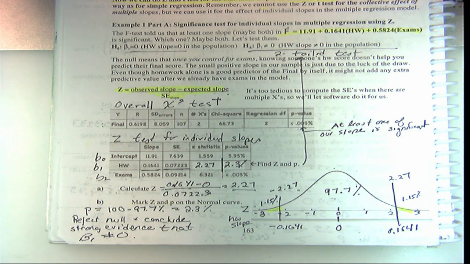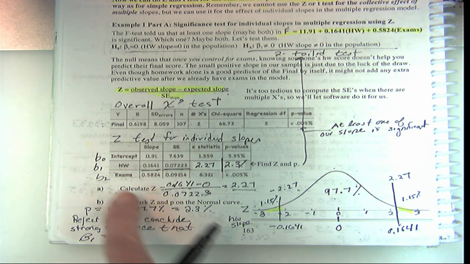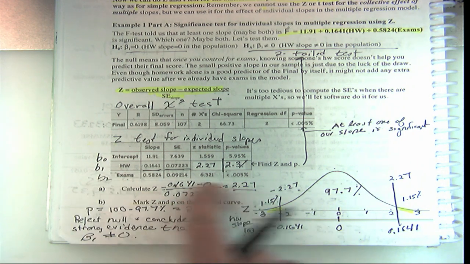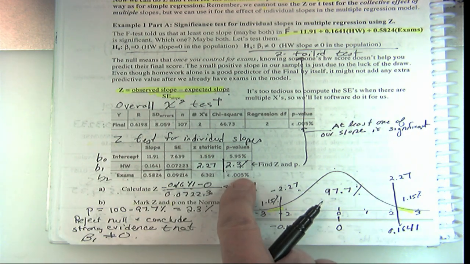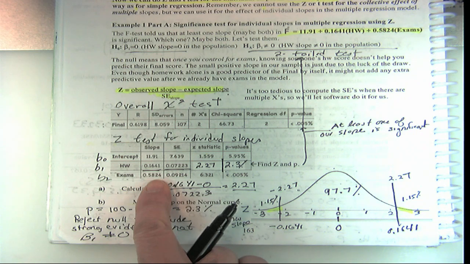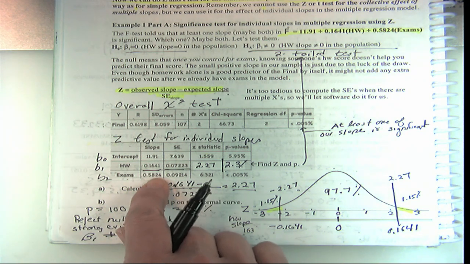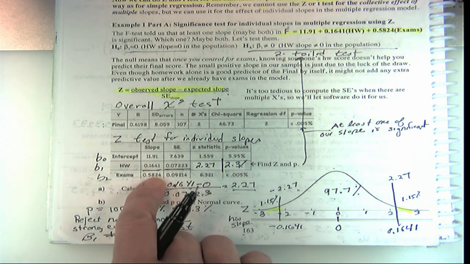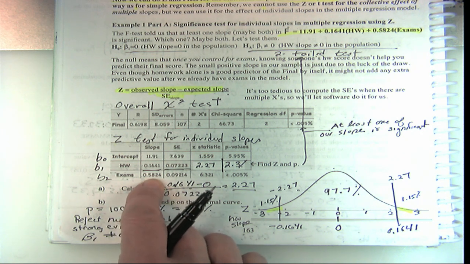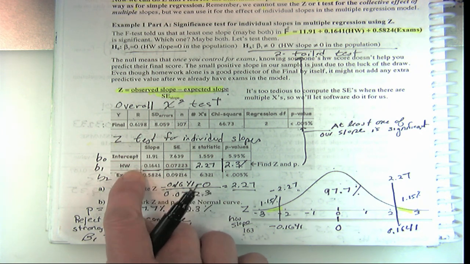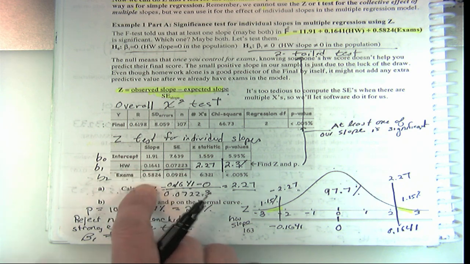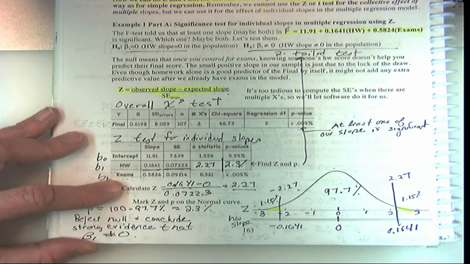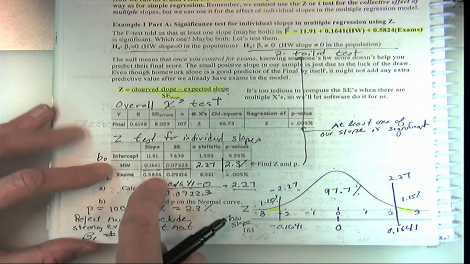All right, so now we'll do the same thing with the exams, and you can see the computer did it for you, and they got even stronger. Look at the slope for the exams. We can compare them because they're basically in the same units. This means a 1 point increase in somebody's exams, for people who have the same homework.